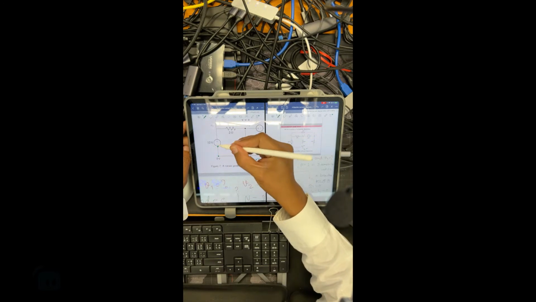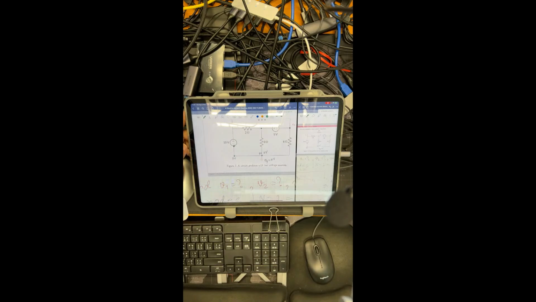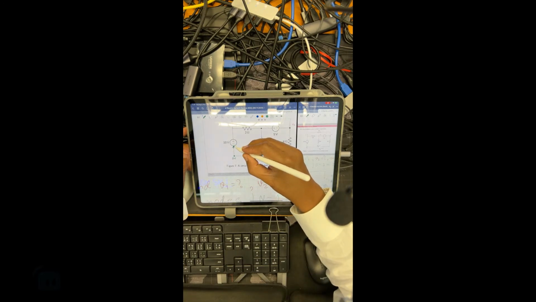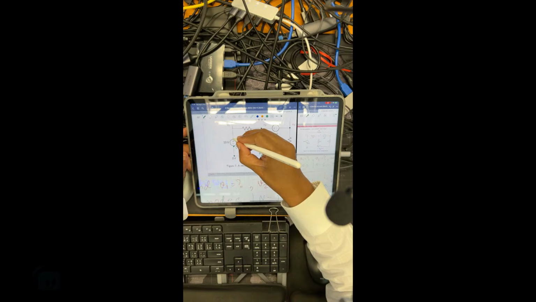Nodes that are the same node always have equal potential, right? 0 volt, 0 volt. What about the voltage at this point?